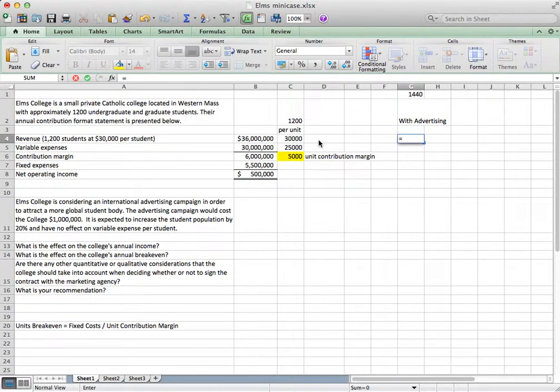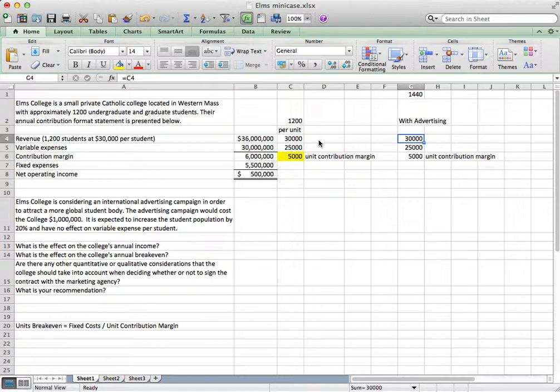None of this changes, right? We still have a revenue per student, and variable costs remain equal, so the unit contribution margin, even with this new advertising expense, remains the same. Because again, we're not charging each student more, we're simply getting more students.